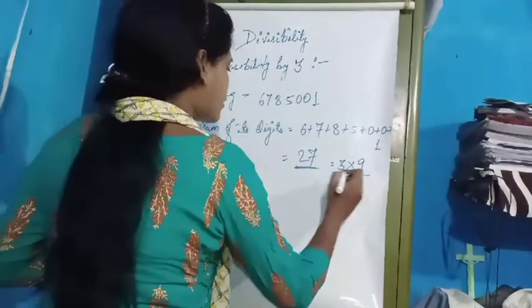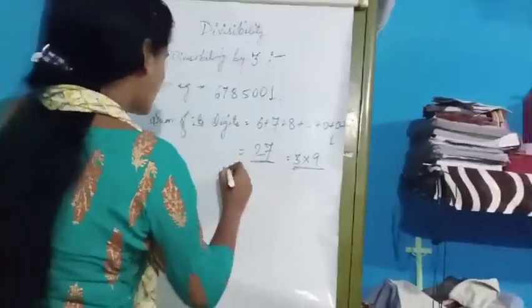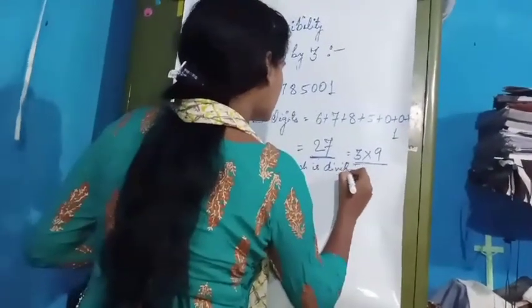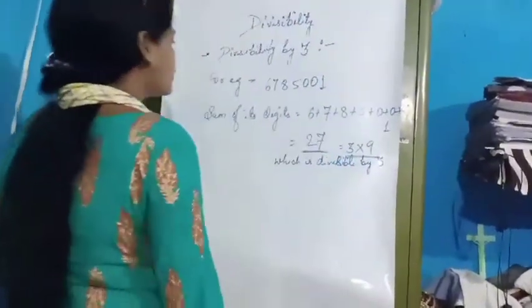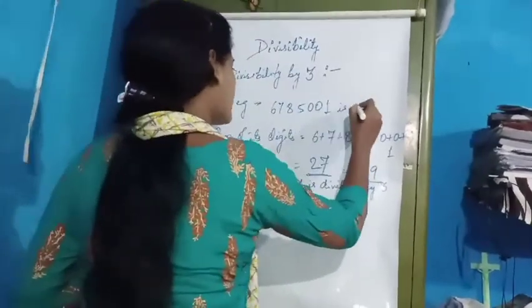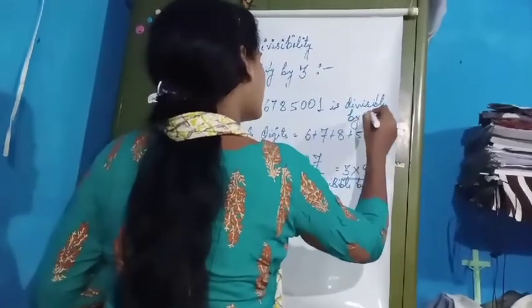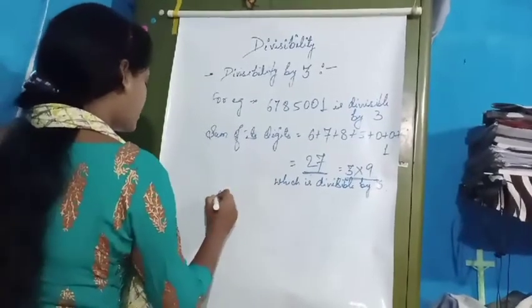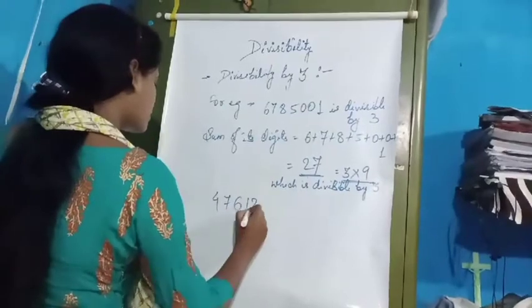So it is a multiple of 3. So this number is divisible by 3.